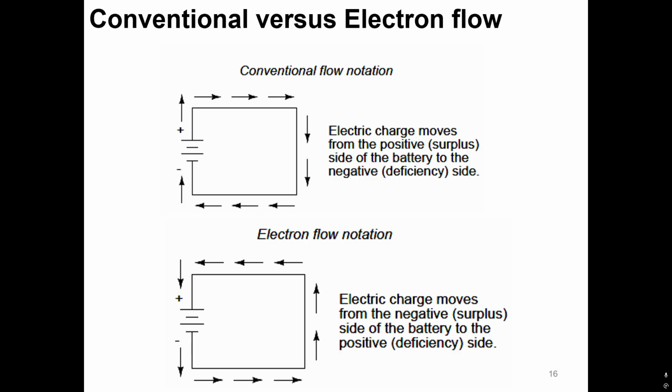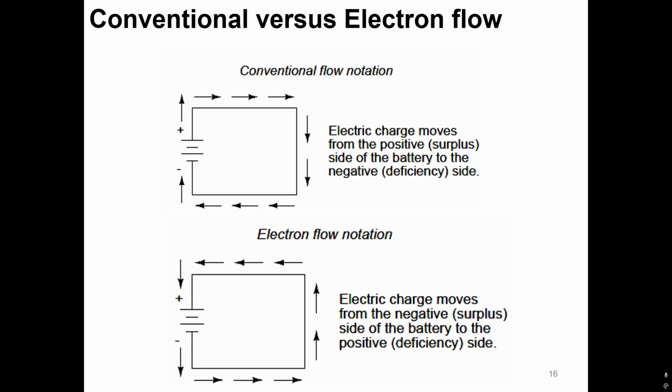It means we assume that current always starts at the positive terminal. It will flow through the various parts of the circuit. Finally, it will reach the negative terminal of the battery. Okay, this is what we are going to use. This is called conventional flow notation.